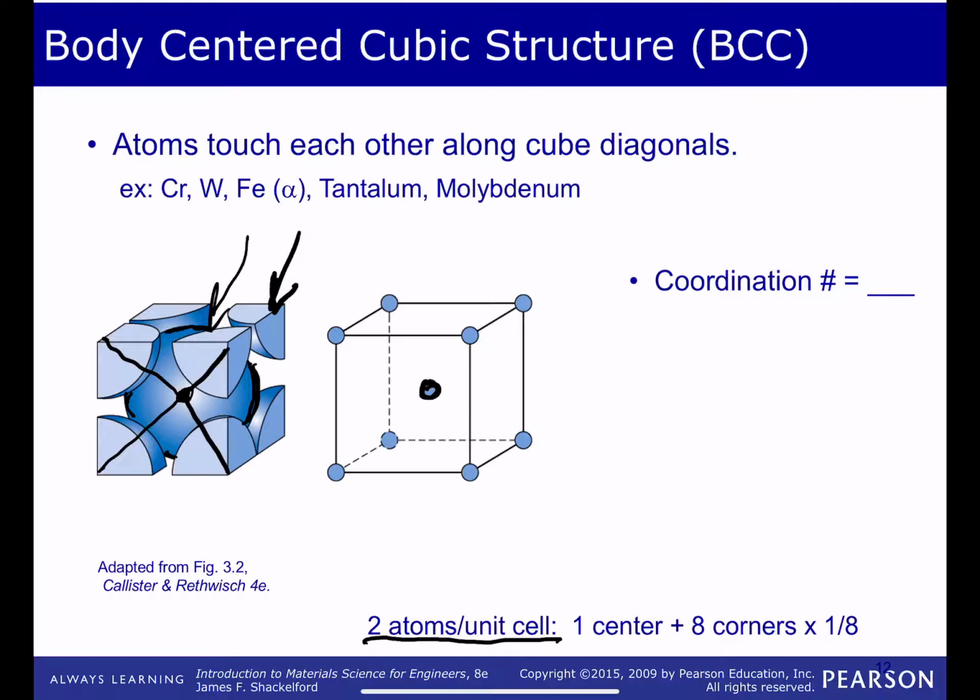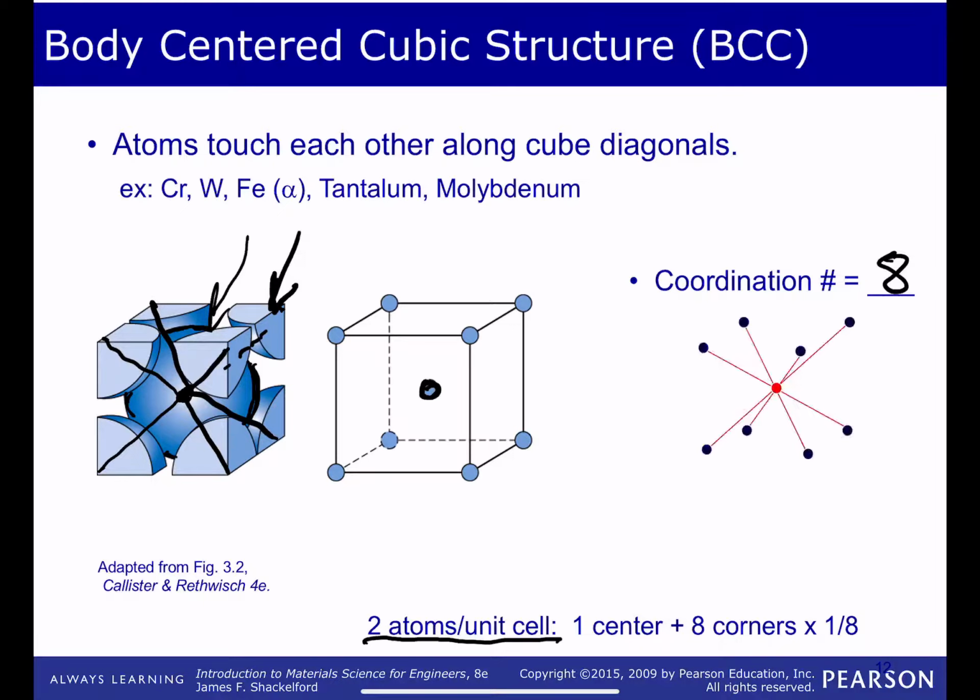And so instead of having a coordination number of 6 like we had in simple cubic, we've increased that and now have a coordination number of 8 in the body-centered cubic option.